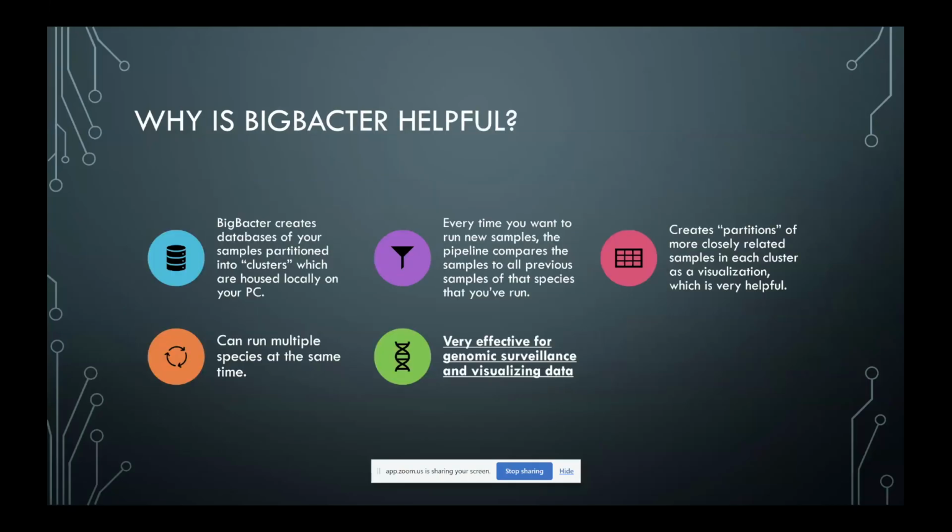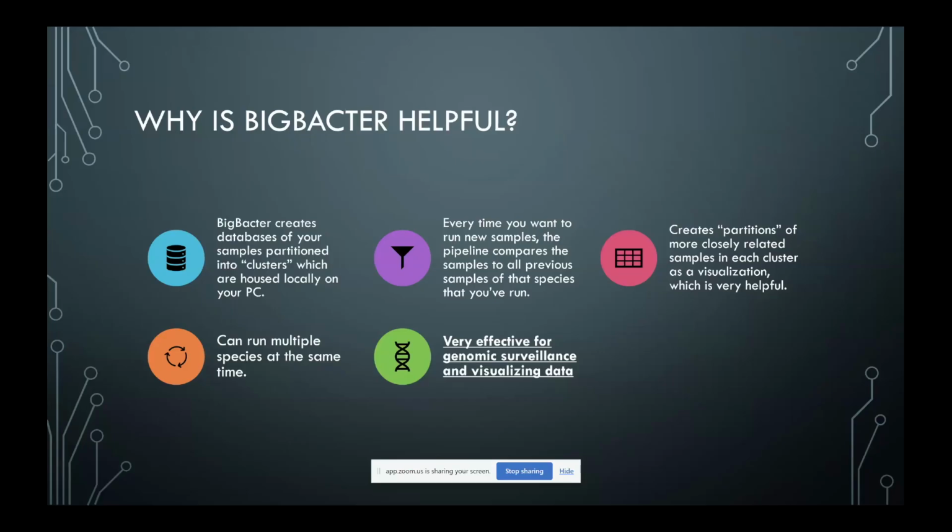So why is BigBacter helpful? BigBacter creates databases of your samples partitioned into clusters, which are then housed locally wherever you ran the pipeline. And the thing that makes this useful is that every time you have new samples to run, the pipeline compares these samples to all previous samples of that species that you've run and lets you quickly assess new samples.